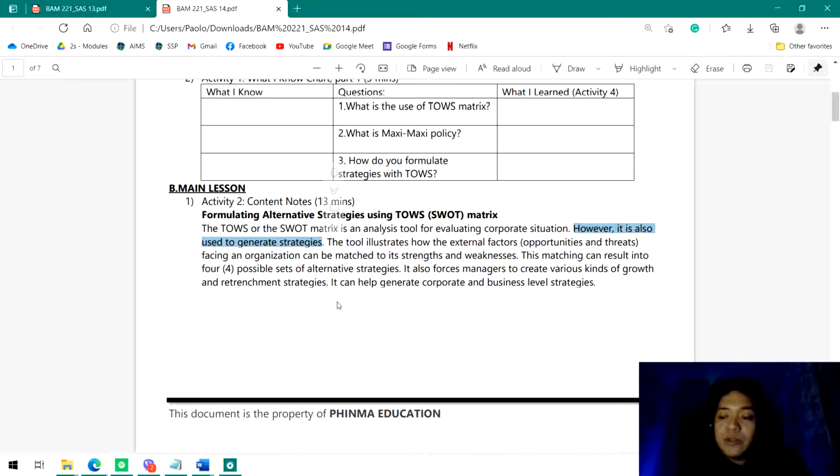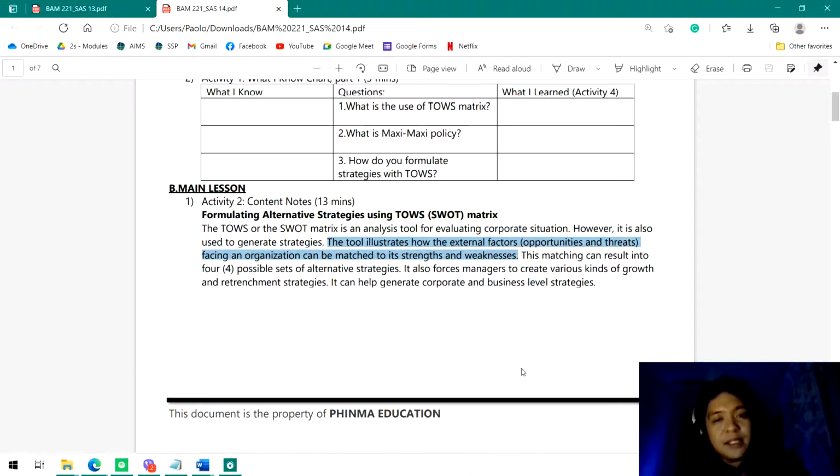With the use of the TOWS matrix or the SWOT matrix, ang gagawin natin is you will mix and match the external factors to the internal factors. I-match nyo ngayon yung mga opportunities and threats doon sa strengths and weaknesses natin para malaman natin kung anong klaseng strategy ang pwede nating magawa or kung anong klase ang dapat nating gawin in order to take advantage of certain opportunities or to take advantage of certain threats, and so on and so forth.